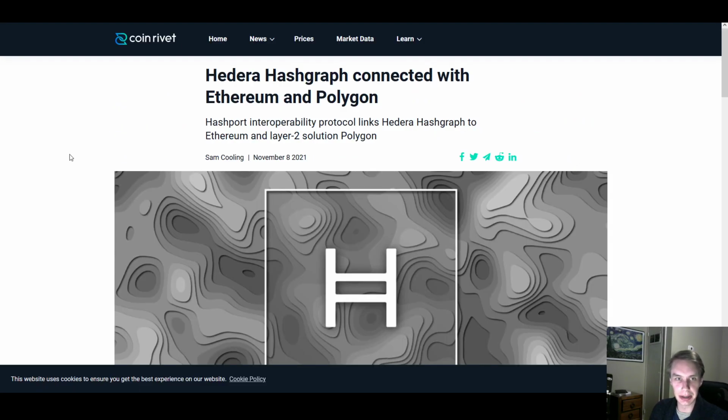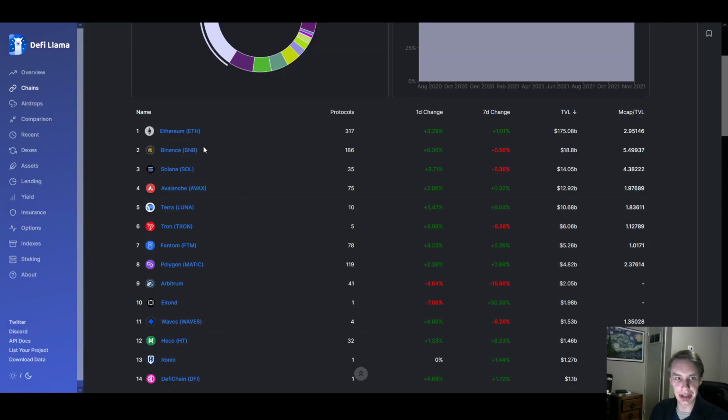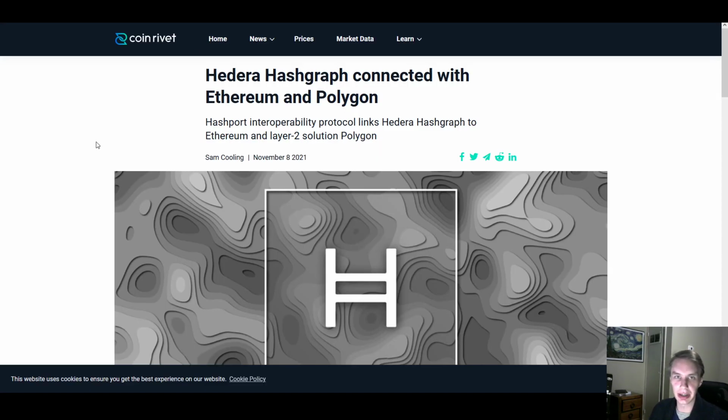So one thing that HBAR has added recently is this ability to interoperate with Ethereum and Polygon. And again, Ethereum being this kind of big dog where a lot of the DeFi action is right now, and Polygon also being pretty high up there. If HBAR or Hedera Hashgraph did want to create a DeFi ecosystem, having this interoperability could be very beneficial.